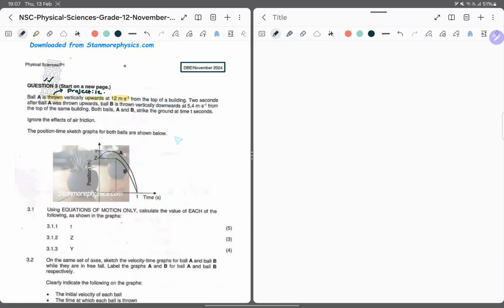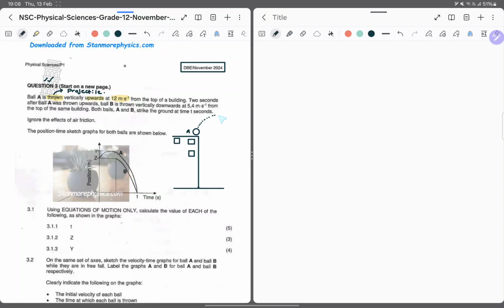Now guys, it helps to visualize again the story. Let's say that's the building. Okay, so there is our building. Nice. So we've got our ball A, and it is thrown upward.